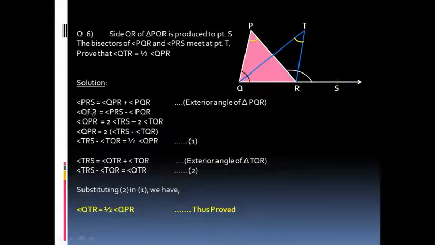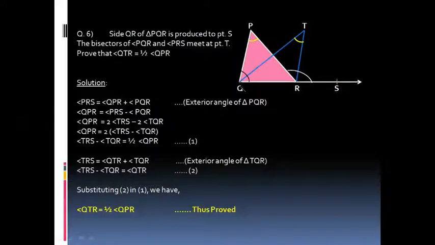Now angle PRS is what? It is an exterior angle of this triangle PQR, which means that the value of this angle is going to be equal to the sum of these two opposite interior angles of the triangle. So angle PRS is equal to angle QPR plus angle PQR, exterior angle of triangle PQR.